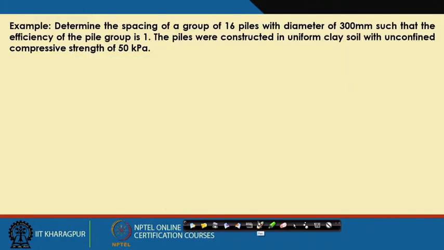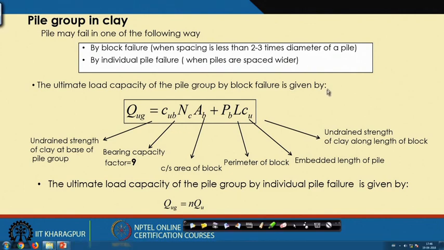For example, suppose this is your pile group, so this is the outer periphery of this pile group. So, total pile will fail in a block like this.